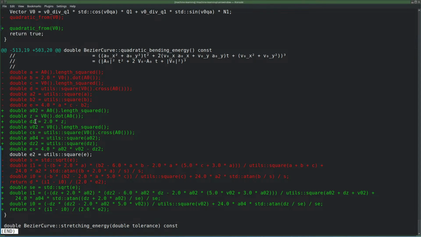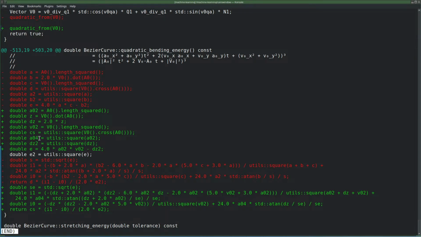B was renamed to DZ. C was renamed to V02. And then D to CS.